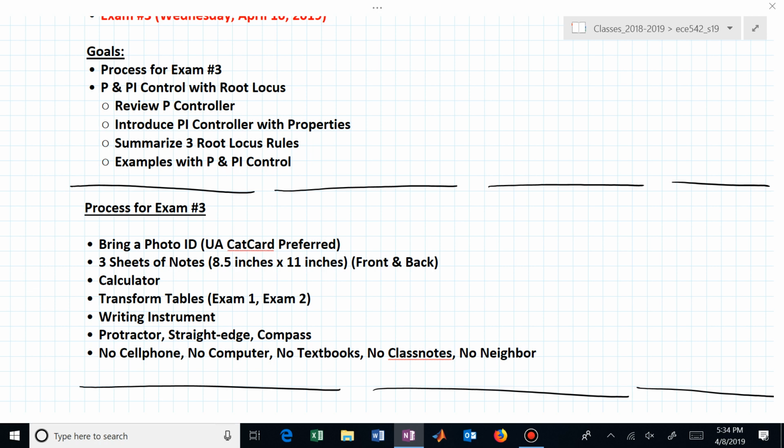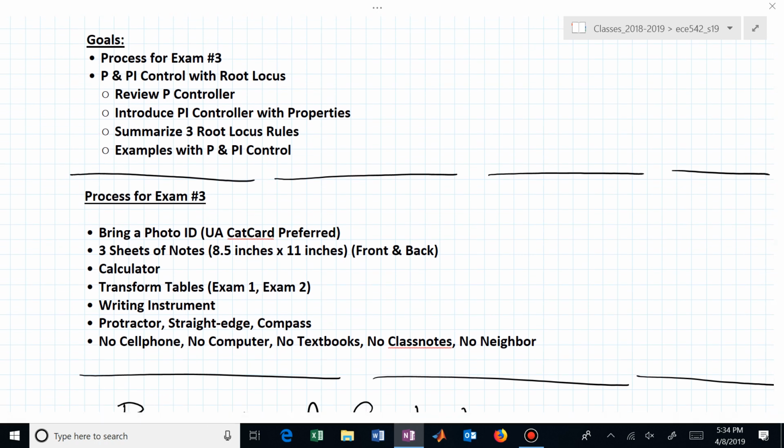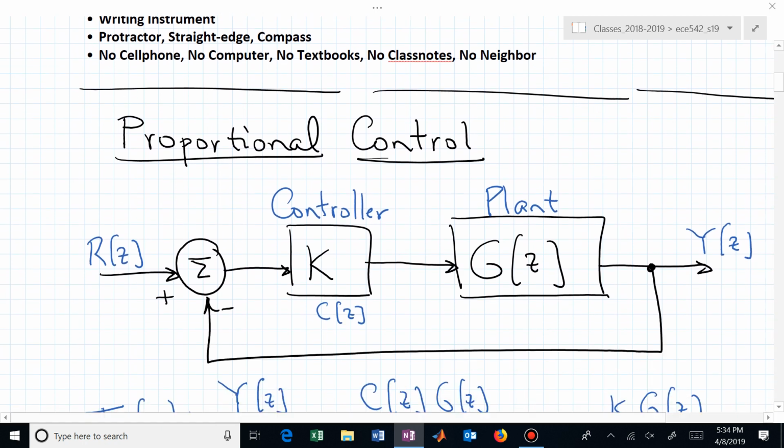Or your cell phone or smartphone, that's not a calculator. So a standalone calculator. Transform tables, you could bring both, I guess, if you want, from exam 1 and 2. And something to write with and sketch with, measure with, etc. And then there's all the subsequent no's. No cell phone, no computer, no textbook, no class notes, and no neighbor.